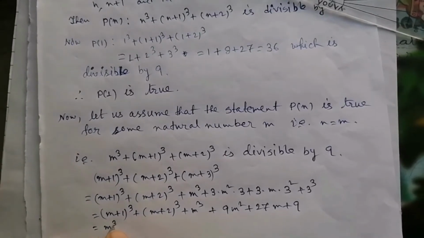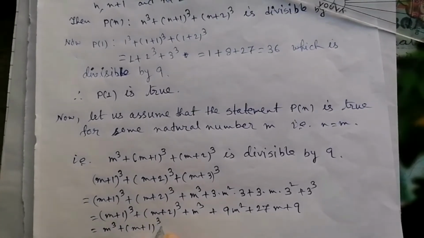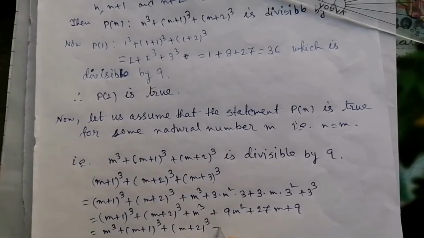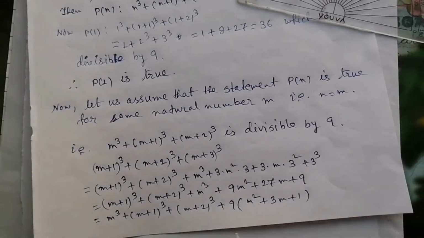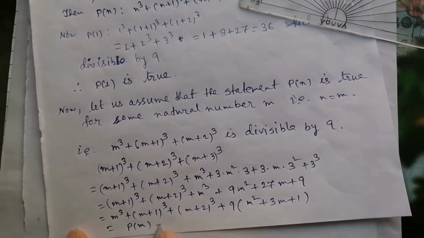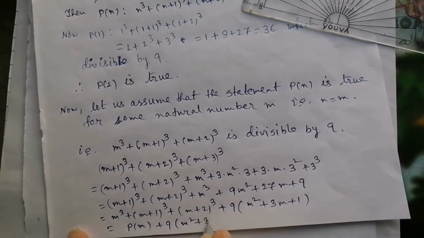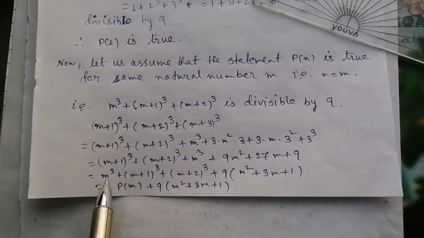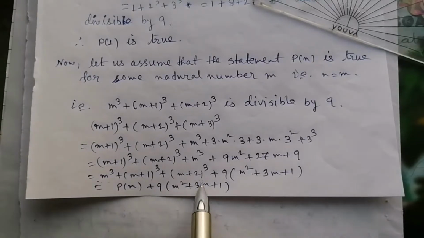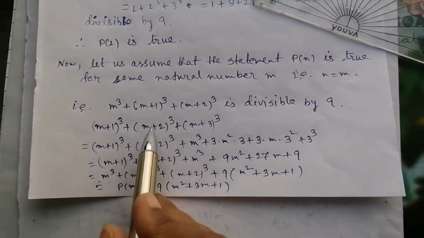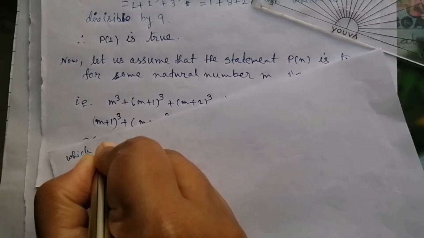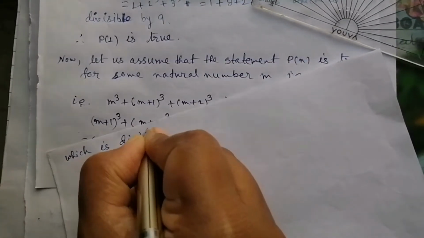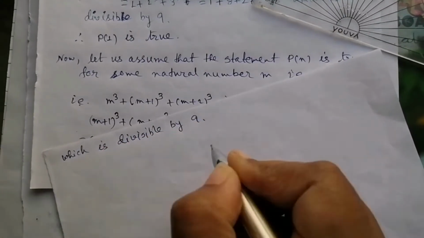Equal to m cube plus (m plus 1) whole cube plus (m plus 2) whole cube plus 9m square plus 3m plus 1, equal to P(m) plus 9 into (m square plus 3m plus 1). This portion is P(m) and this is divisible by 9, therefore the total P(m plus 1) is divisible by 9.